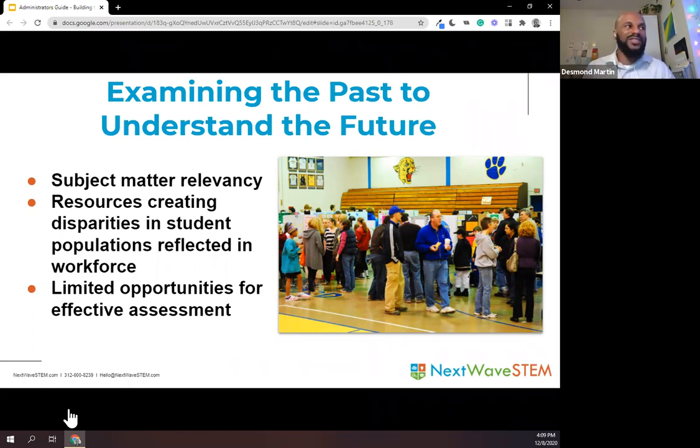But then we're also running into the situation where, because of our paradigms around assessment, we actually have limited opportunities for effective assessment. Many of us are going professionally into this paradigm that says we're hamstrung by our legislators and by our partner communities to figure out and really reflect: are my students learning?